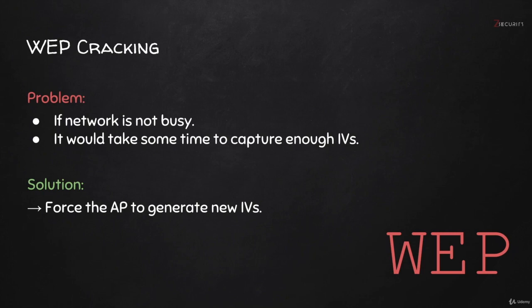So now we can go and start injecting packets into the traffic to force the access point to generate new packets with new IVs. This will increase the number of data really quickly, allowing us to crack WEP networks in minutes, even if the network was not busy like the one that we are targeting right now.